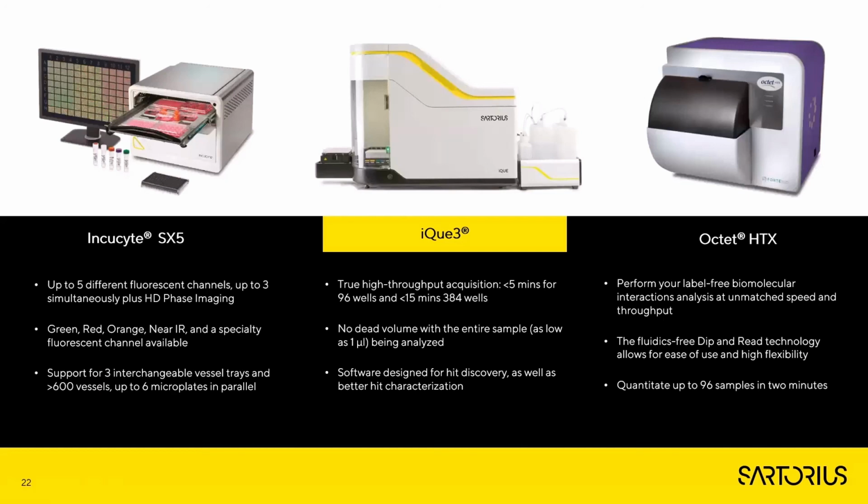Finally, we have the Octet HTX. This allows the analysis of biomolecular interactions in a label-free manner at high speed and high throughput. It utilizes a fluidics-free dip and read technology, which allows for ease of use and high flexibility, and is able to quantify up to 96 samples in 2 minutes.